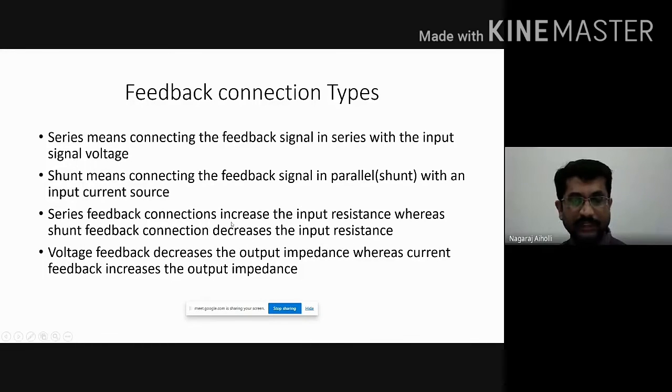Whereas voltage feedback decreases the output impedance, and current feedback increases the output impedance. Okay. So these are a few of the points about the feedback connection types.